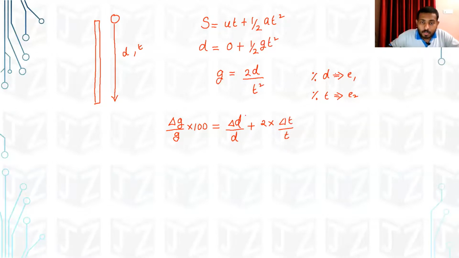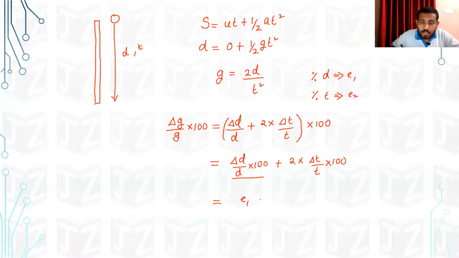So we have to multiply these by 100. And we get the percentage error, that is delta d by d into 100 plus 2 into delta t by t into 100. And the first quantity here is given as E1.